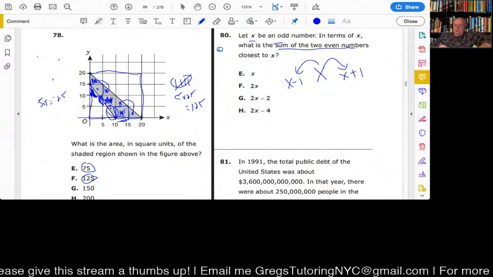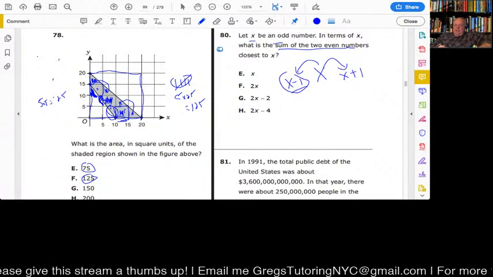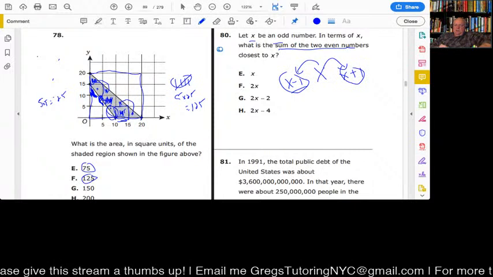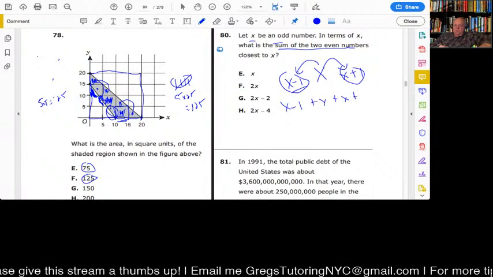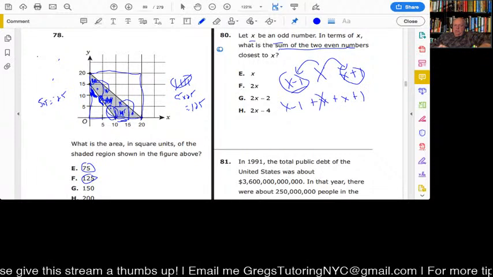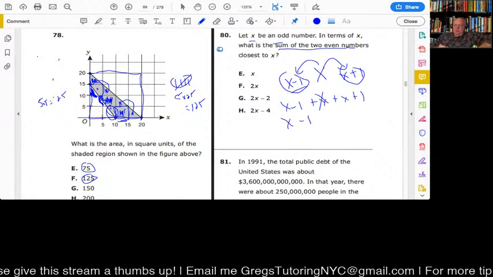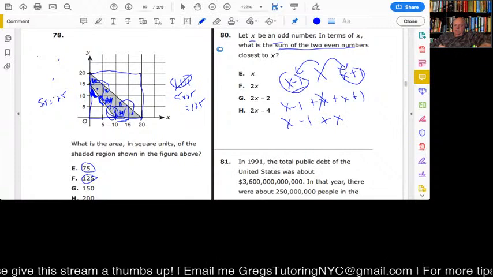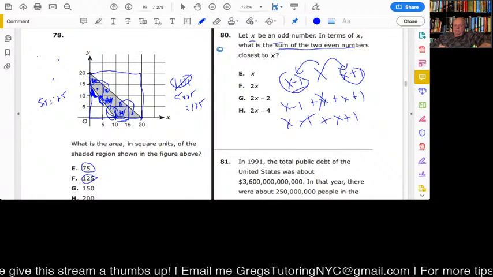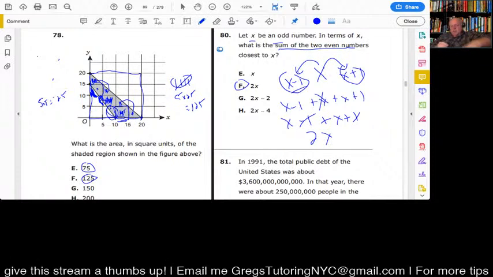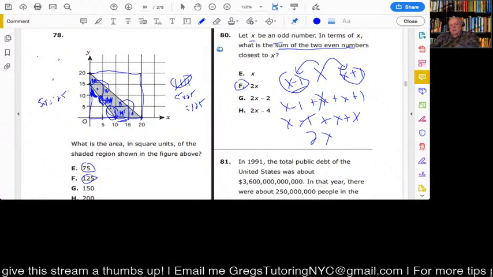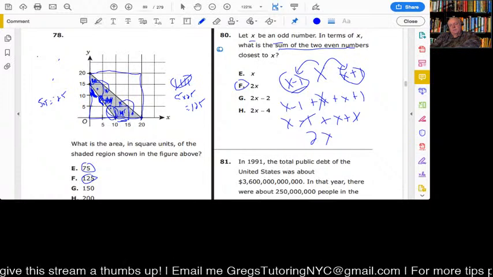Them is this and this. This is x minus 1 plus x plus 1. It's not asking for x to be involved. It's just x minus 1 plus x plus 1. These cancel out, and we end up with 2x. And that's F. So this was kind of a no-brainer one as well, right? Very good. You guys doing well?